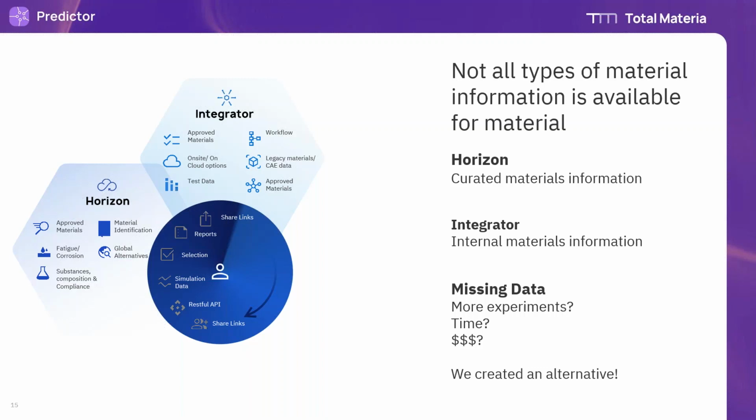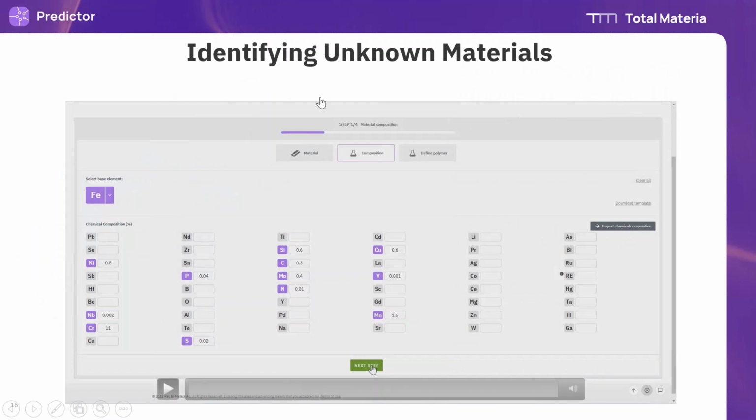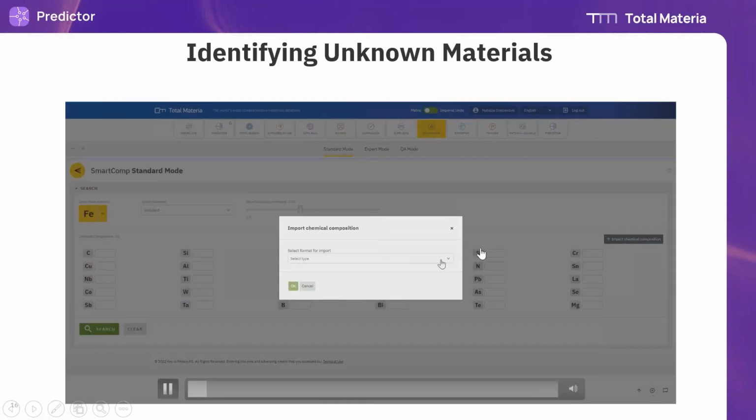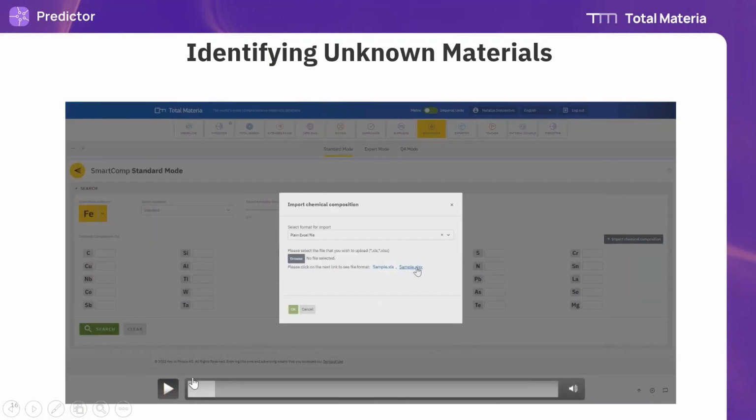That's why we created an alternative called PREDICTOR, which essentially predicts material properties for thousands of different materials as well as different conditions. And it works very easily. If I want to identify an unknown material, so as you may notice here, not chemical composition, this is similar to Smart Comp.